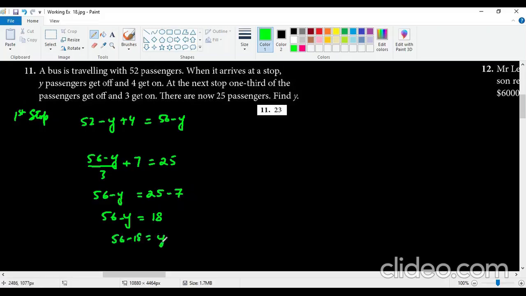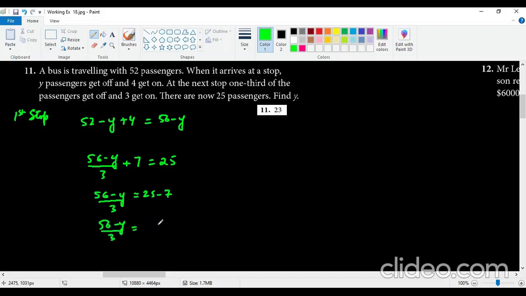But in here there is a little tricky part I left. So 56 minus y equals 25 minus 7, and there was a 3 here. So (56 minus y) over 3 equals 25 minus 7, which is 18.